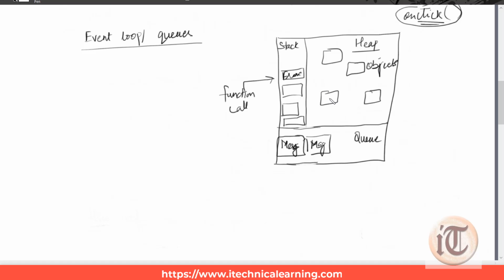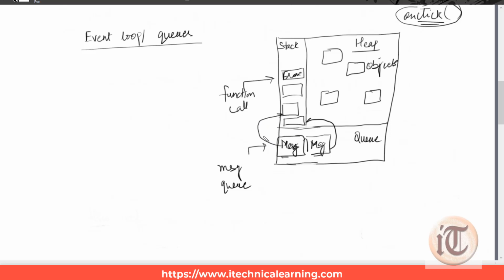Now the JavaScript runtime maintains this message queue, which is a list of messages, that is, message 1, message 2, to be processed. Each message has an associated function with it. Suppose this message is associated with this function, and that message with that one, and so on.